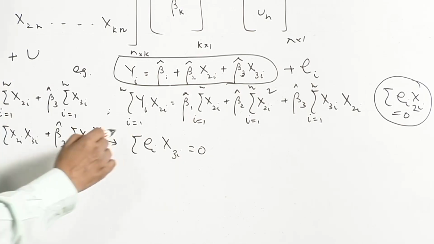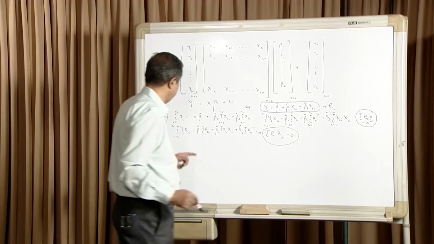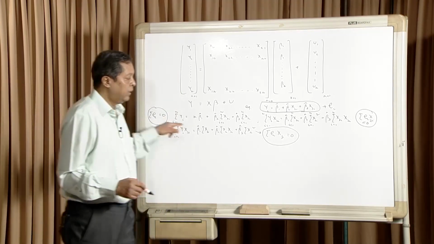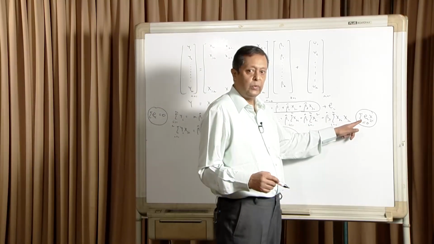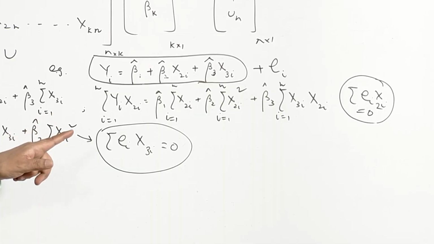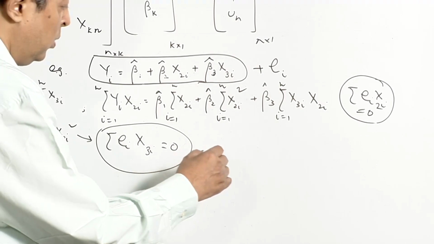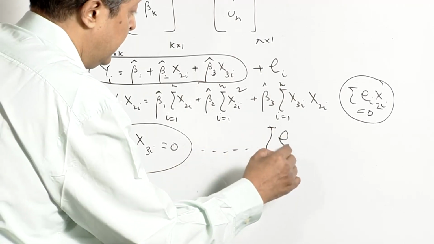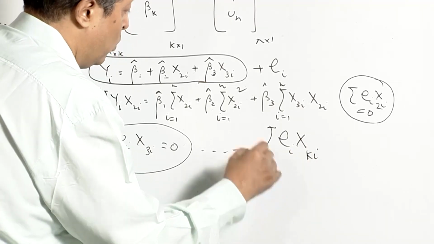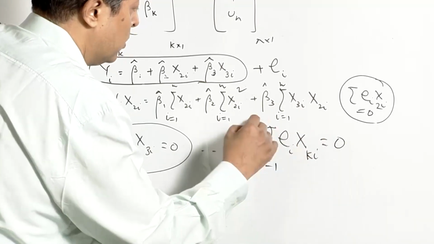So, the three simple conditions are: average error is equal to 0, error must be uncorrelated with the second explanatory variable, and error must be uncorrelated with the third explanatory variable. Needless to say, readers are anticipating that if we have k variables, then this will go up to summation e i x k i, with i running from 1 to n, that would also be 0.